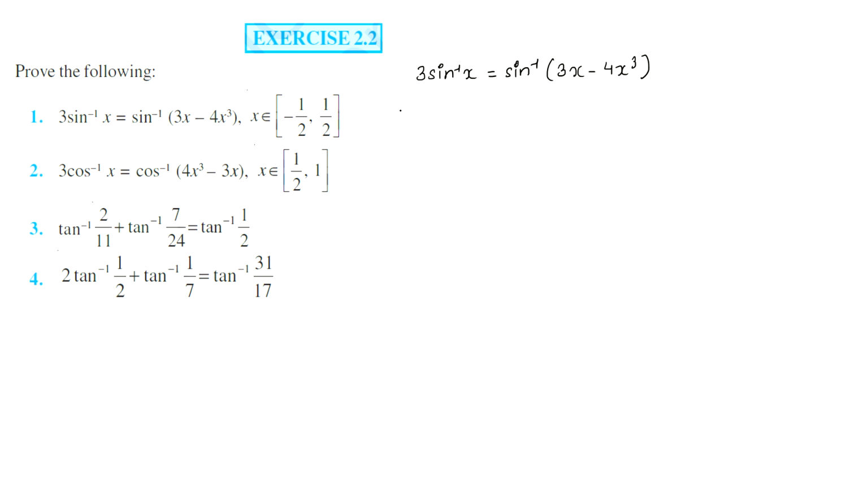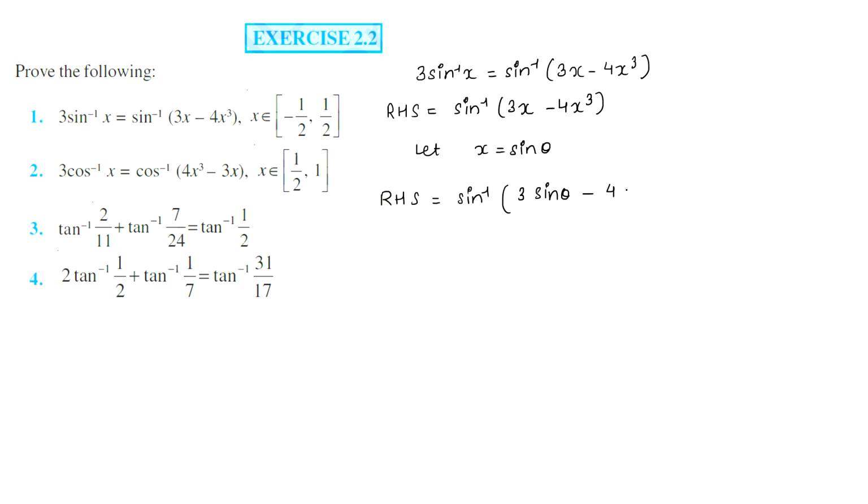So to prove this, consider RHS, which is equal to sin inverse (3x minus 4x cube). Now let x equal sin theta. So therefore RHS is equal to sin inverse (3 sin theta minus 4 sin cube theta).